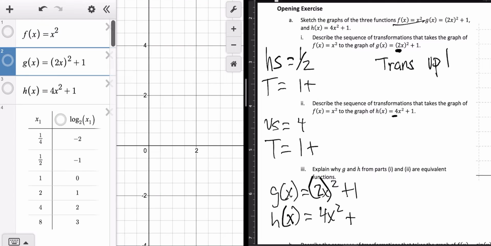There's no parentheses there, right? Well, if we were to do the parentheses, that would equal 4x squared plus 1. So it's the exact same. And that's why. There's no difference here and here.